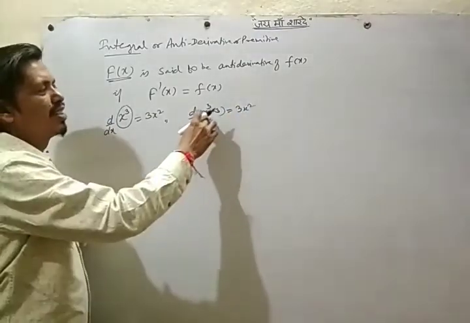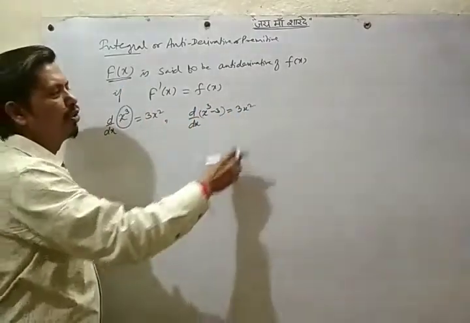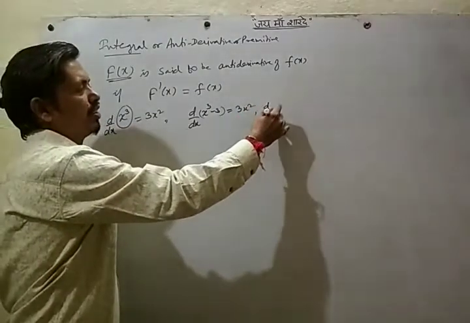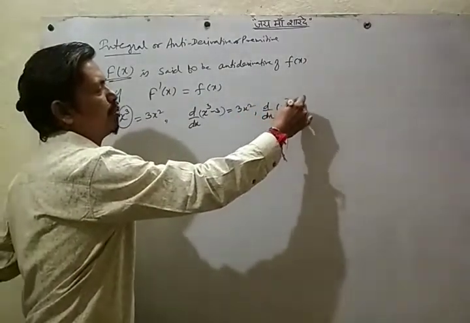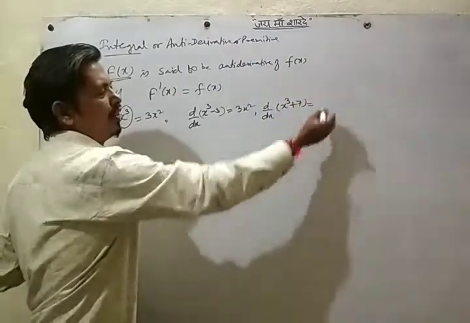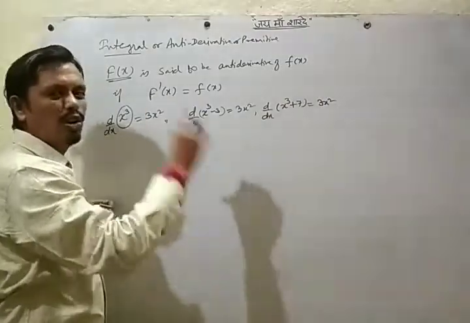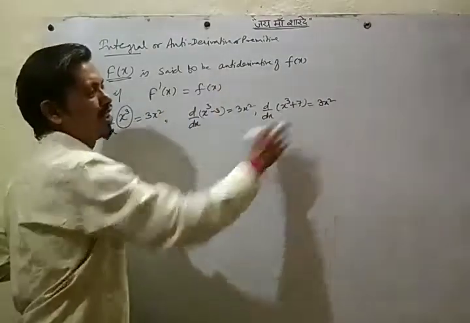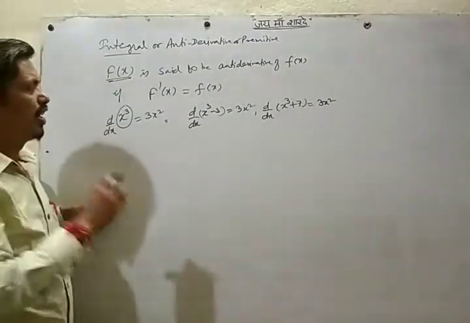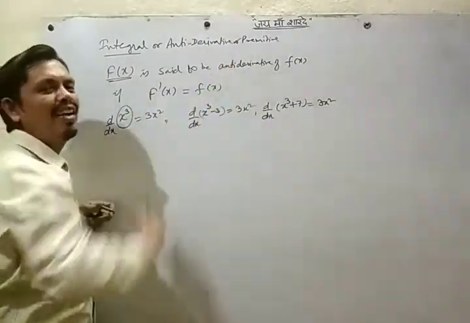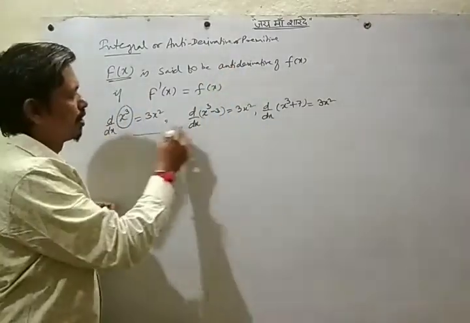So x cube minus 3 is also antiderivative of 3x square. If we differentiate x cube plus 7, we get 3x square. So x cube plus 7 is also an antiderivative of 3x square. Okay? It means one function can have infinitely many antiderivatives. Okay?